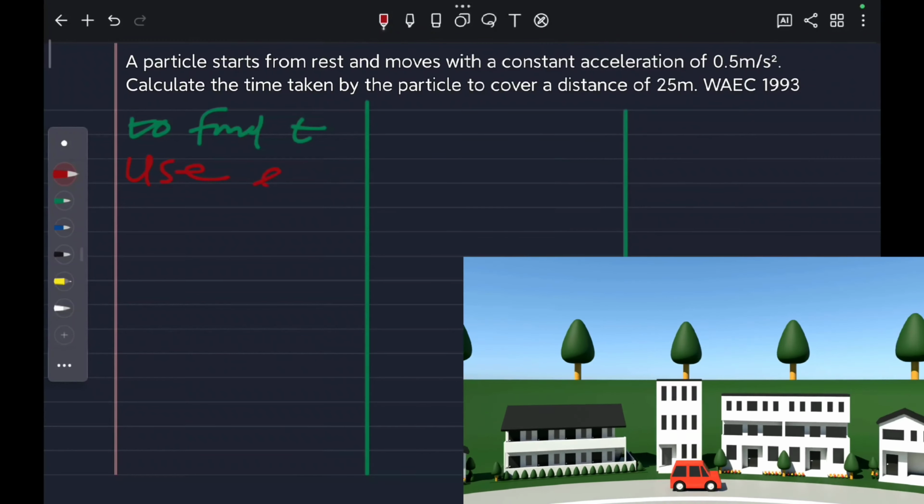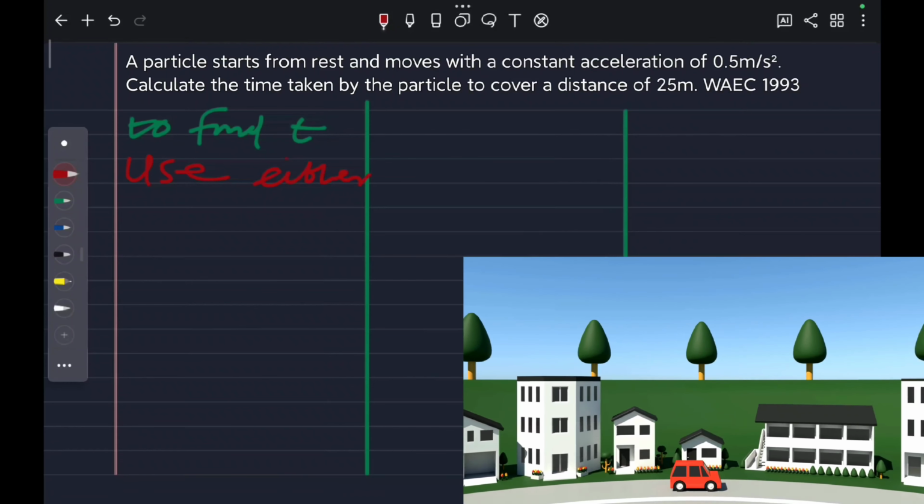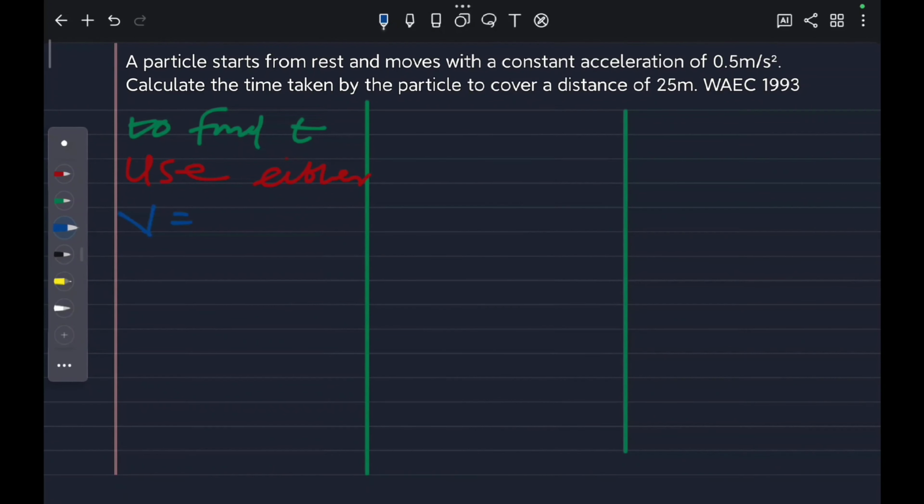Now, we are asked to find t, which is the time taken to cover the distance of 25 meters. So we can either use equation 1 or the second equation of motion. Whichever equation you choose to use is going to be useful in answering this question.